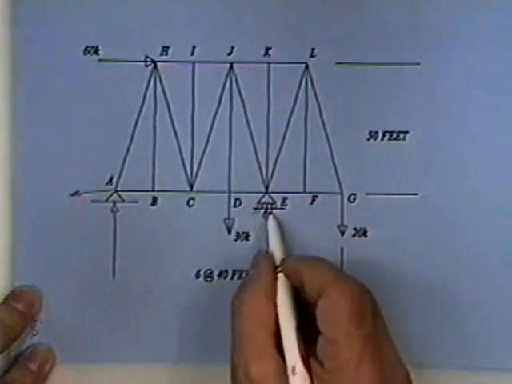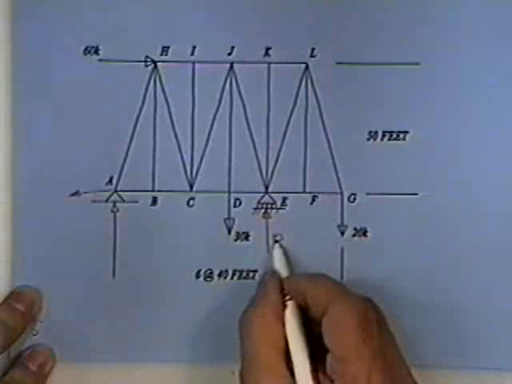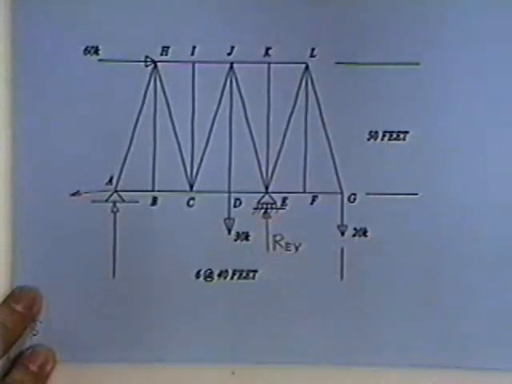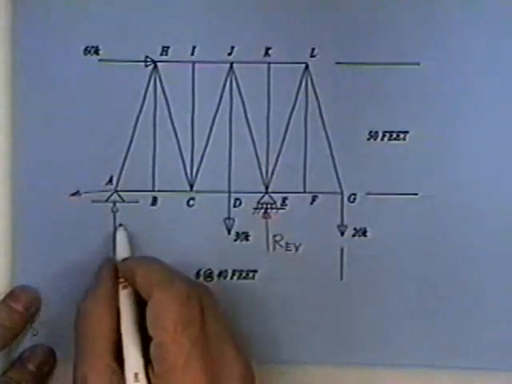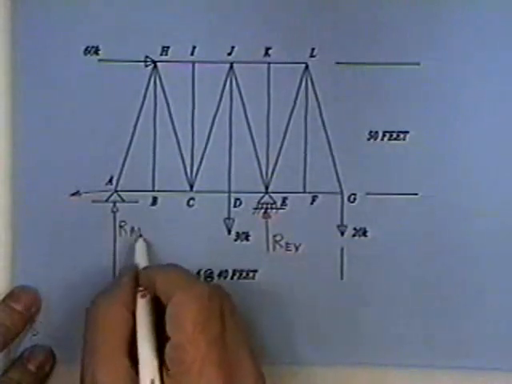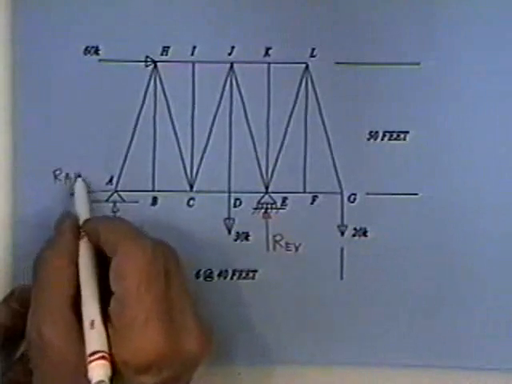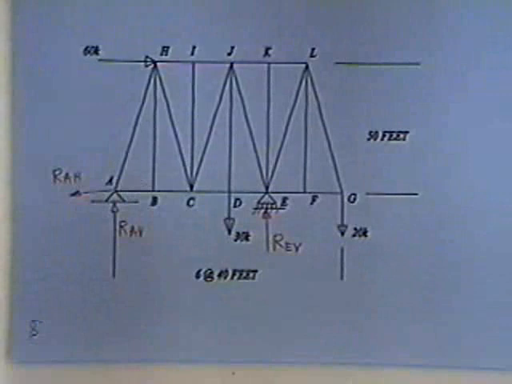Due to these little rollers, there will be a vertical force at E, but no horizontal force. Over at A, there will be a reaction at A vertical and a reaction at A horizontal. Those forces will be required to keep it from moving around.